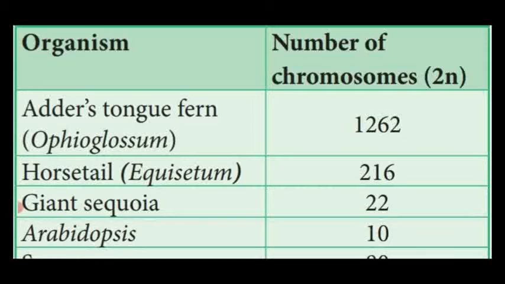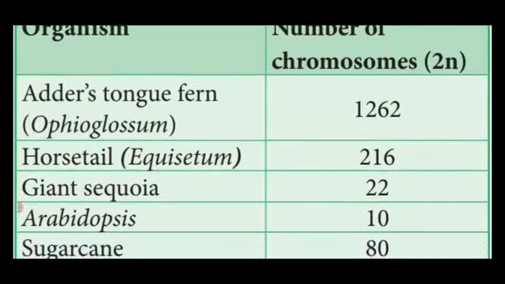Another one, horsetail Equisetum, the plant that looks like a horse's tail. This is also a pteridophytic plant, which contains 216 chromosomes. Giant sequoia is an angiospermic plant which contains 22 chromosomes.